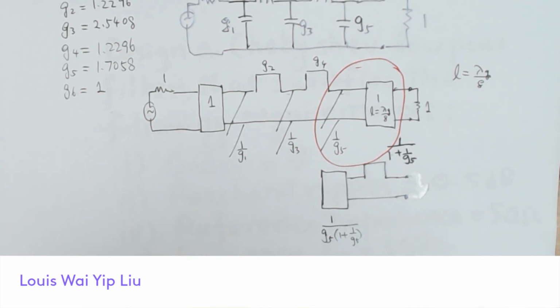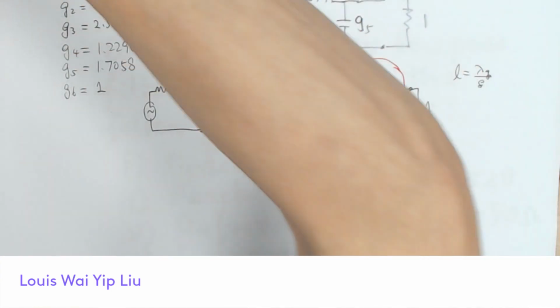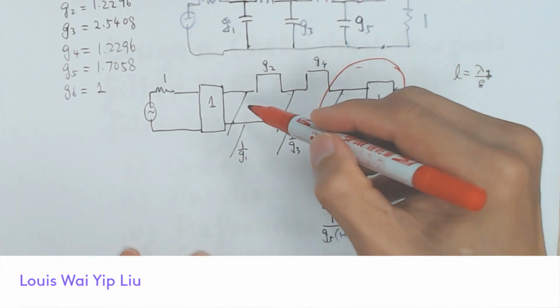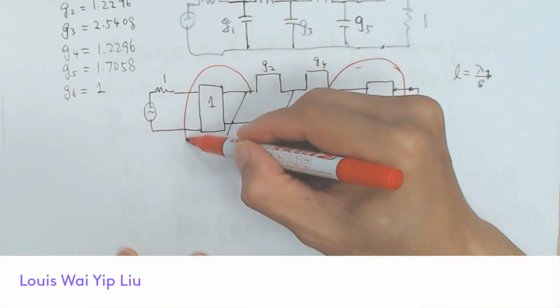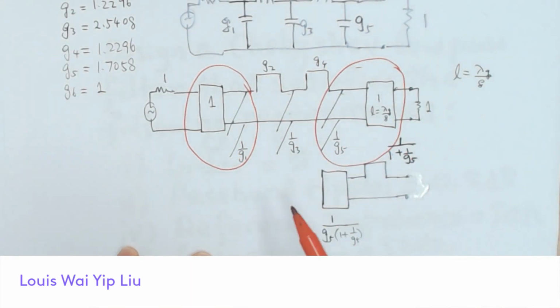So if we can do that, we can equally do the same for the first stage. So this and this are just mirroring each other.